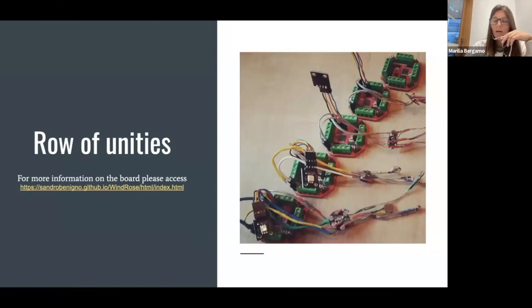There is also a vibrator motor inside each of those units, and also light sensors to create this idea of robotic flowers. If you want to know more about the board itself, as I said, it's open source. It's easy to recreate, and it's all on Sandro Benigno's GitHub.